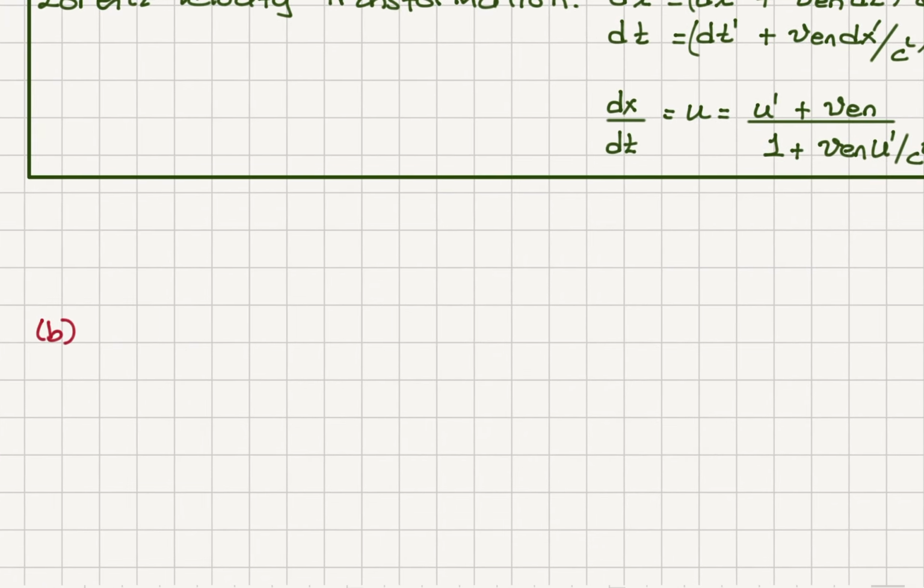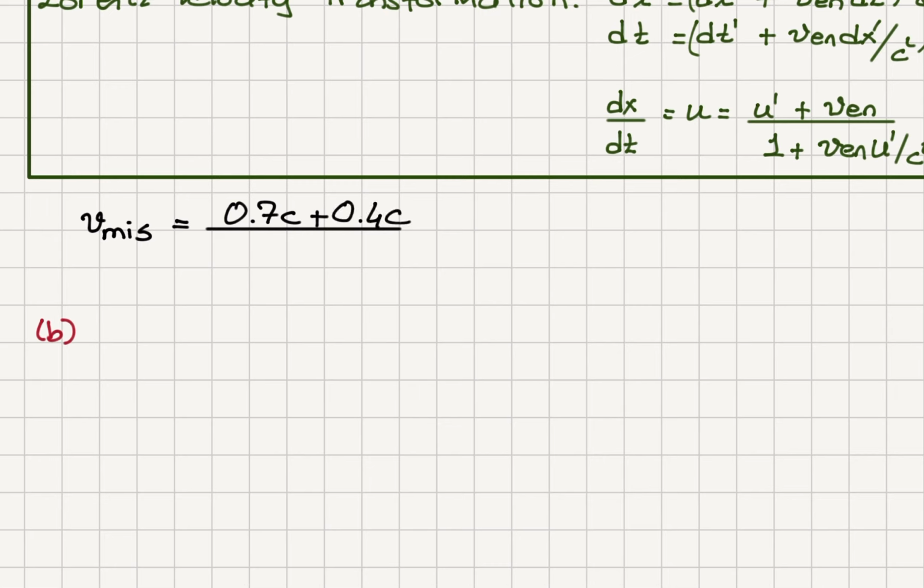So if I do the Lorentz transformation instead of the Galilean transformation, the velocity of the missile as reported by the starfighter reference frame, the S reference frame, is the velocity reported by the enemy reference frame, which was 0.7 c, and the speed of the enemy with respect to the starfighter was 0.4 c.